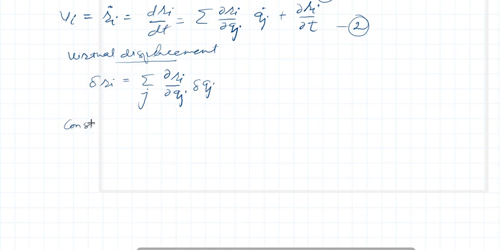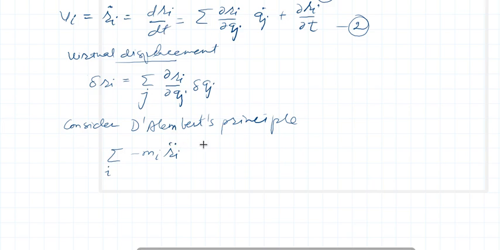So consider summation over i of minus mi ri double dot plus fi applied force on the ith particle, into delta ri, must be equal to 0.